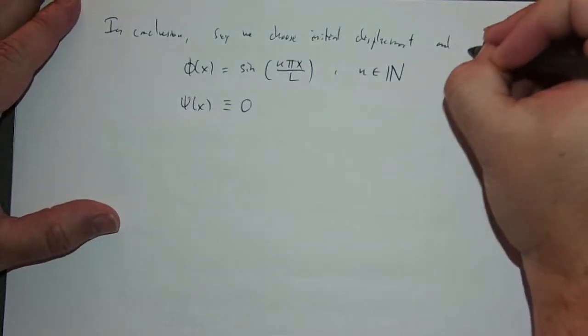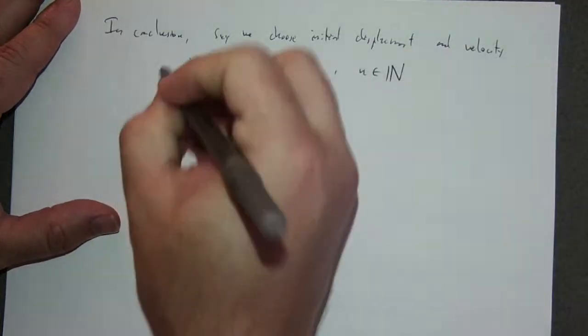So we've chosen initial displacement and velocity as follows.